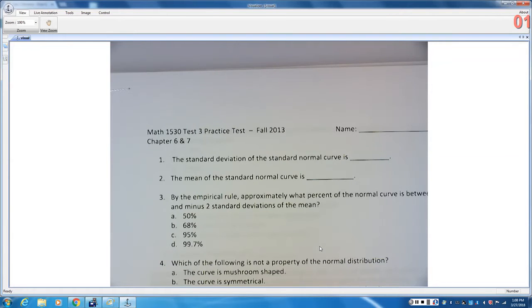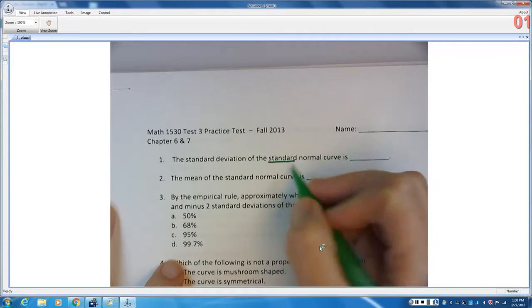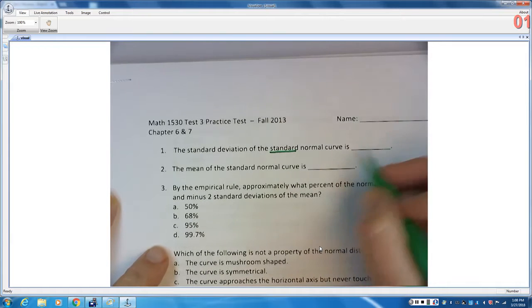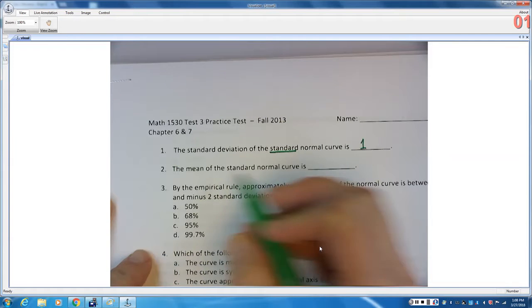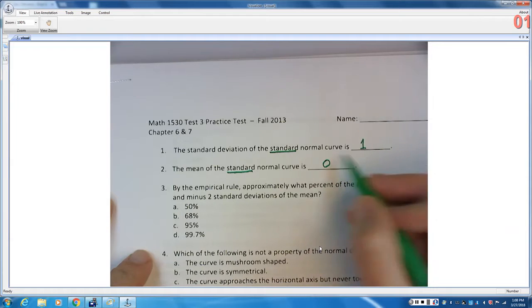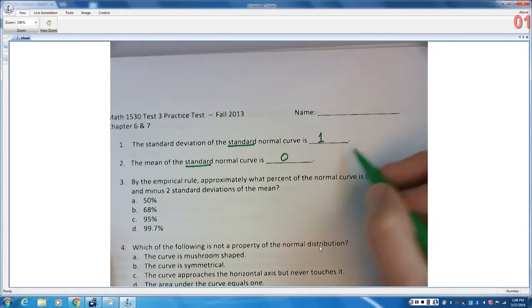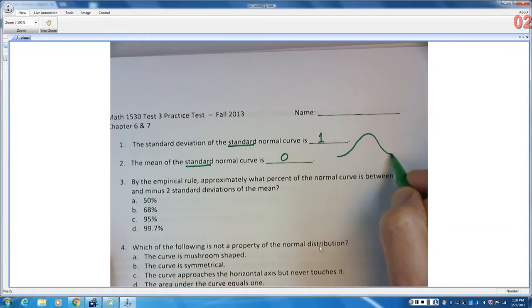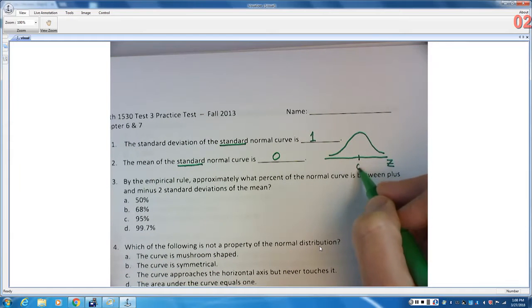So this is from the chapter 6 notes. The standard deviation of the standard normal curve is 1, and the mean of the standard normal curve is 0. That was when we had Z on the horizontal axis. It always looked like this. It had a mean of 0.